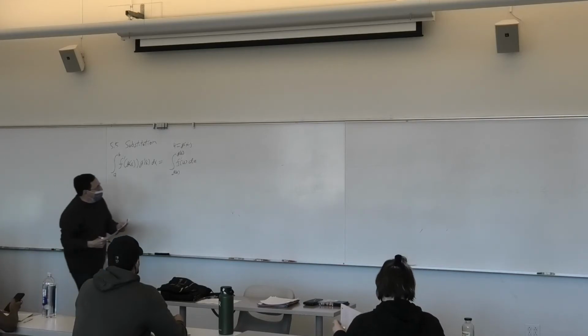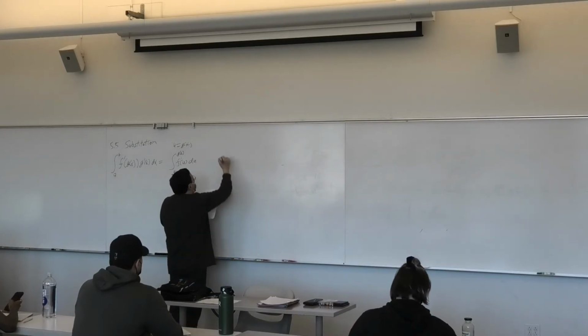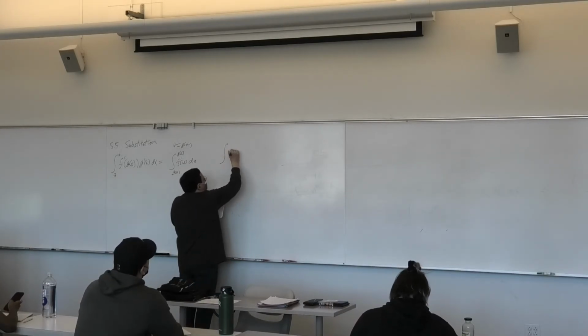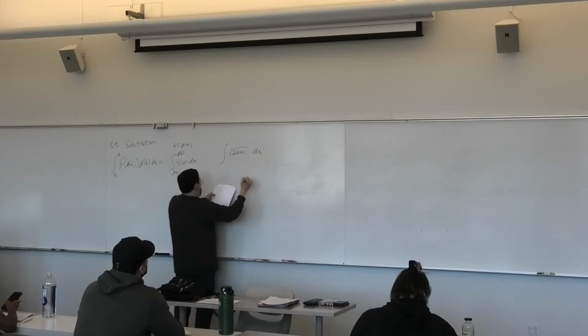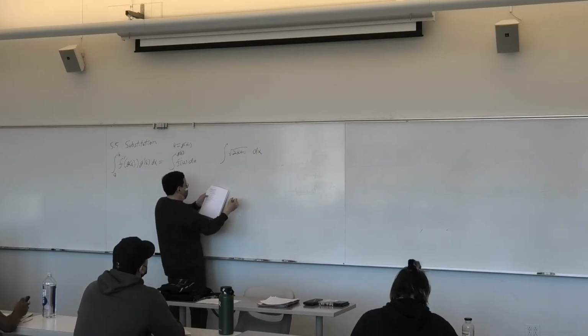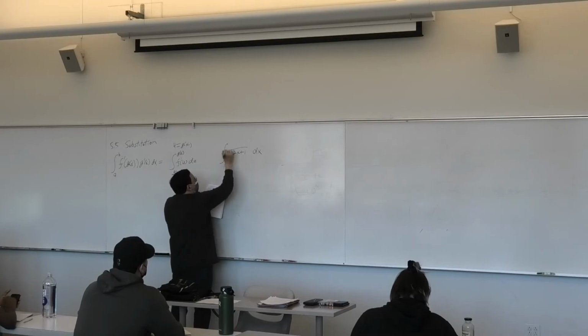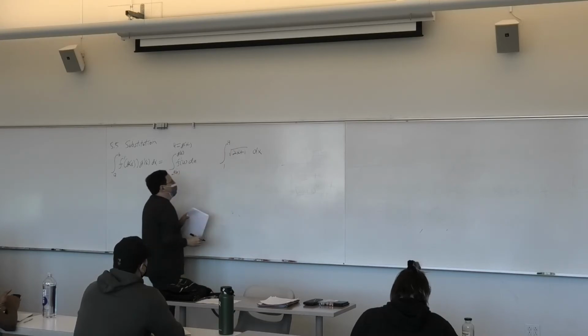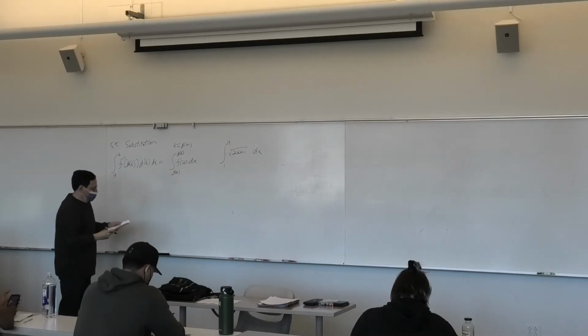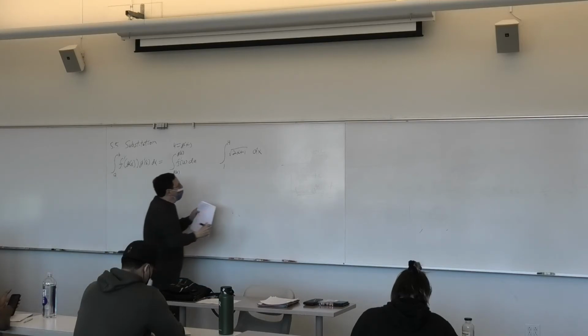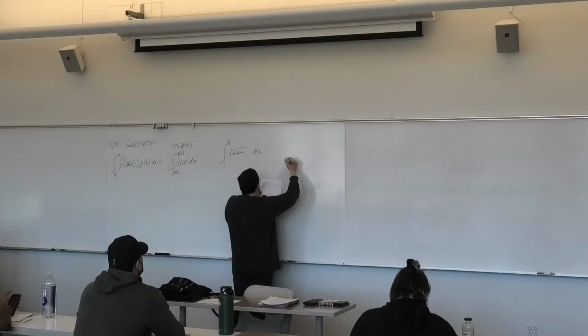Let's go back to that problem we started with. Integral square root of 2x plus 1, and we'll give it some limits, say 1 and 4. And again, we'll do our substitution here.